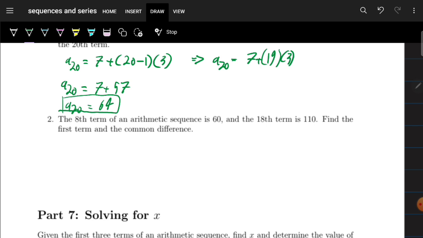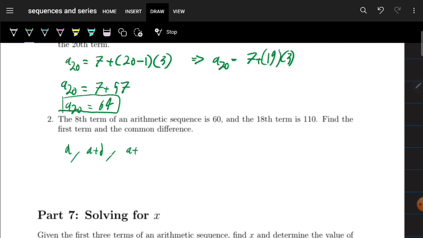All right, so what is the first term in an arithmetic sequence? Well, we usually use the symbol A for it. How do we get the second term? Well, the second term is the first term plus the common difference. What about the third term?